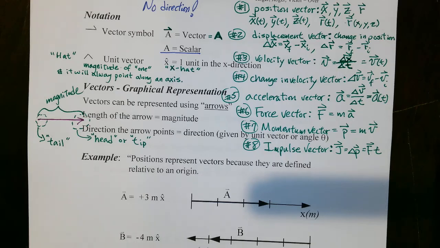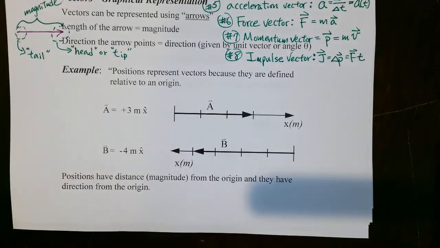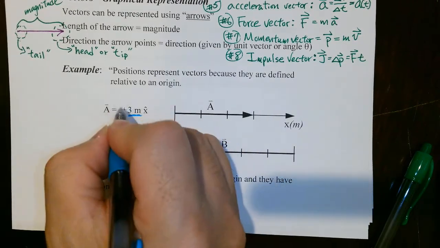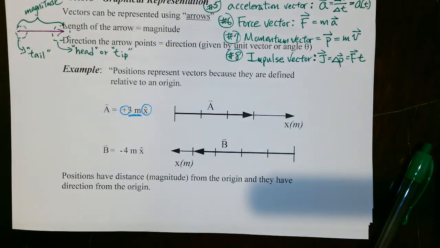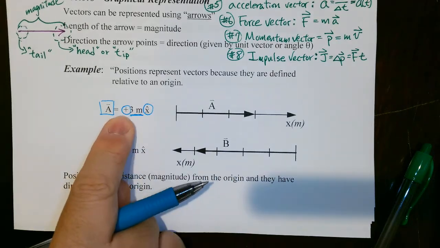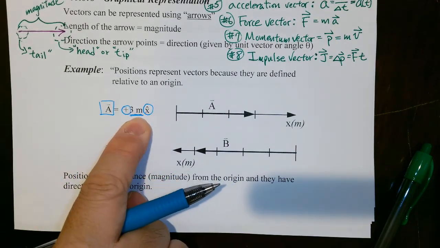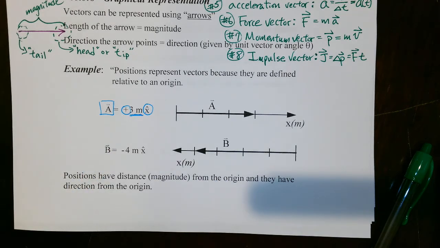So if we were to actually represent a vector graphically, let's say I have my vector A, which is 3 meters long in the positive x direction, okay? So this vector A is read as follows: positive 3 meters x hat, and that is 3 meters of length in the positive x direction, okay?